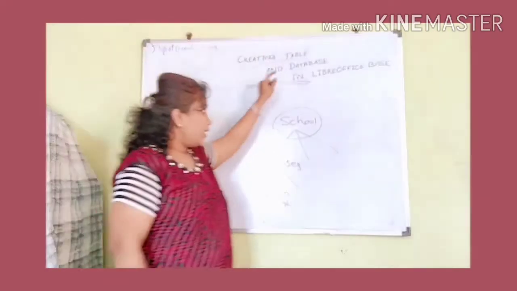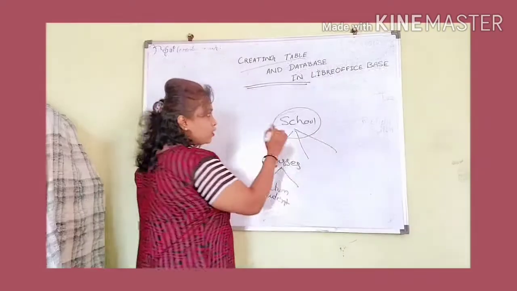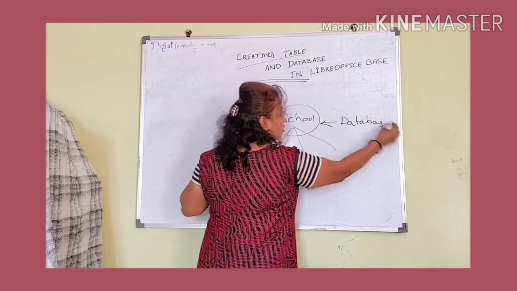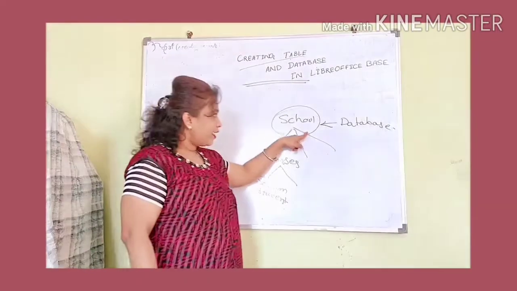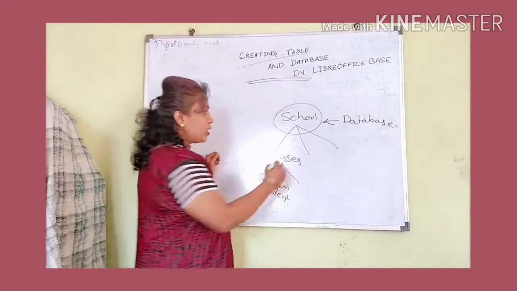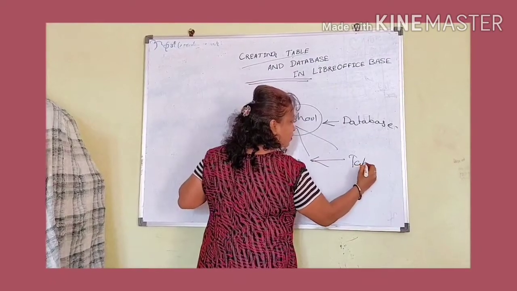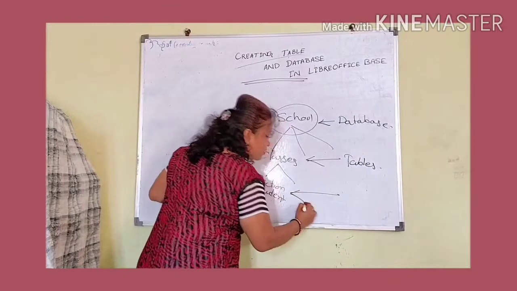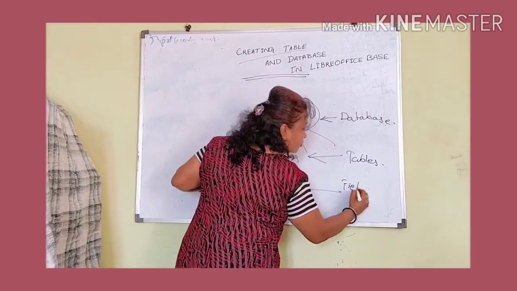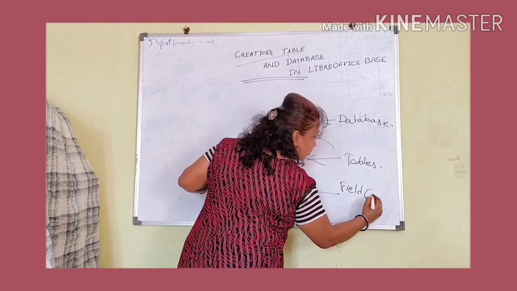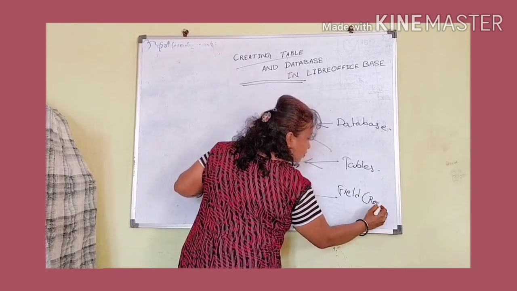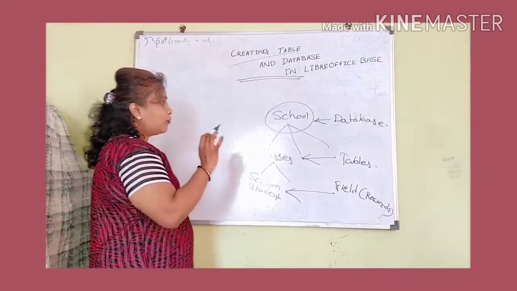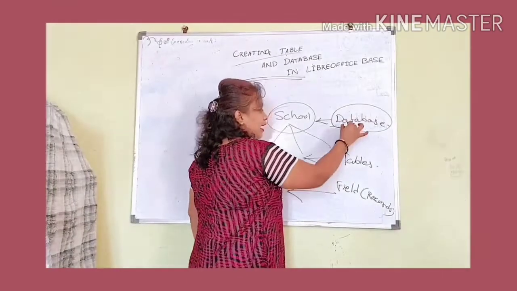In the same way, in LibreOffice Base, the first step is we have to create a database. Inside a database, there must be some tables. And inside a table, there must be fields which contain the records. Clear? So the first step, we have to create a database.